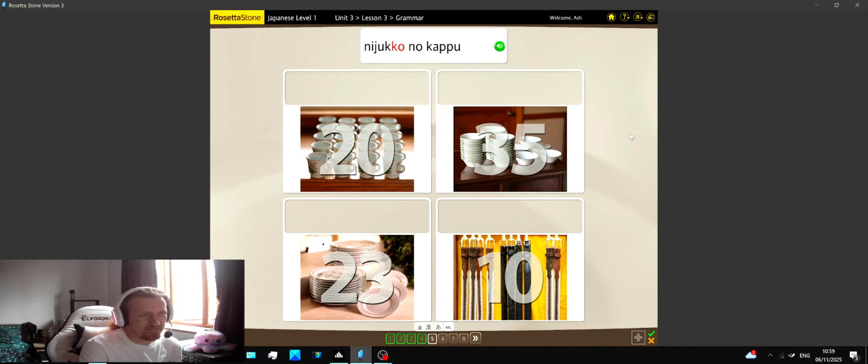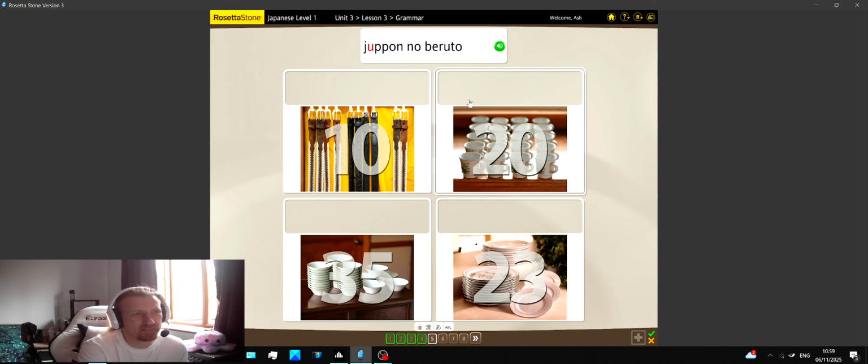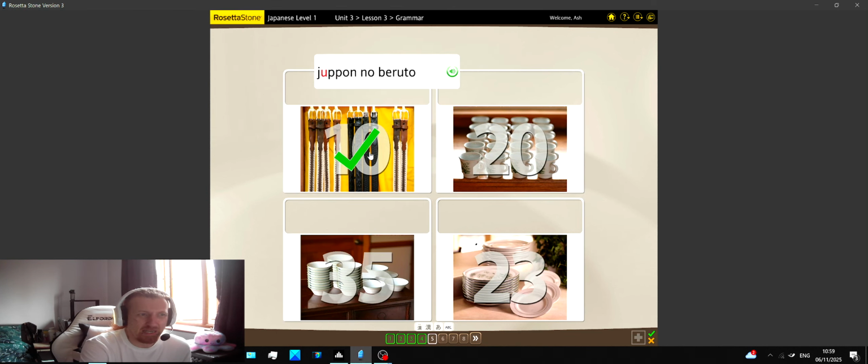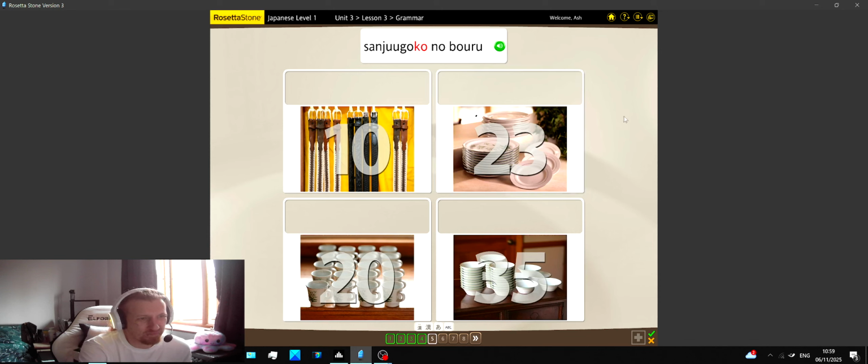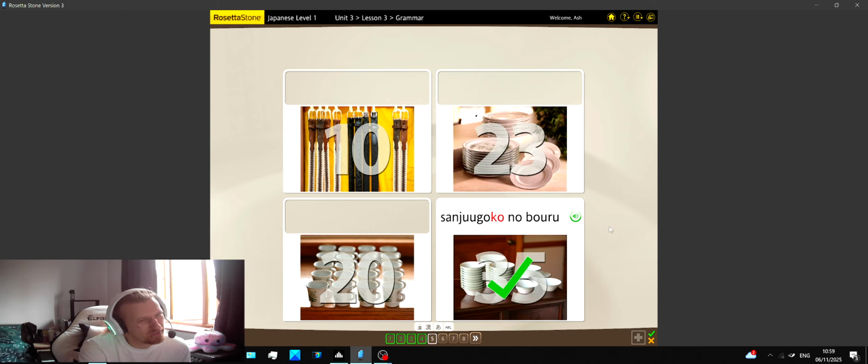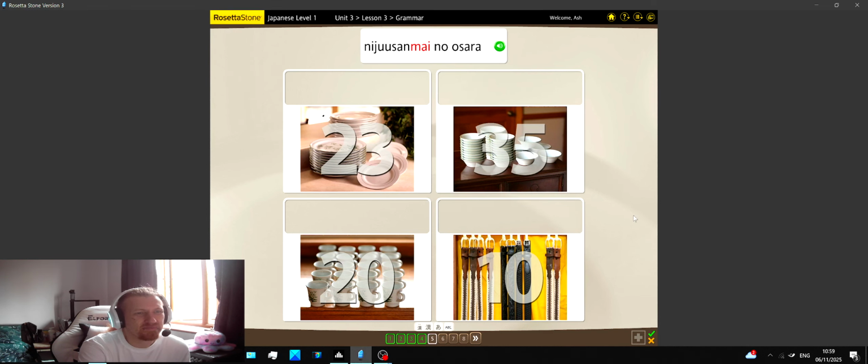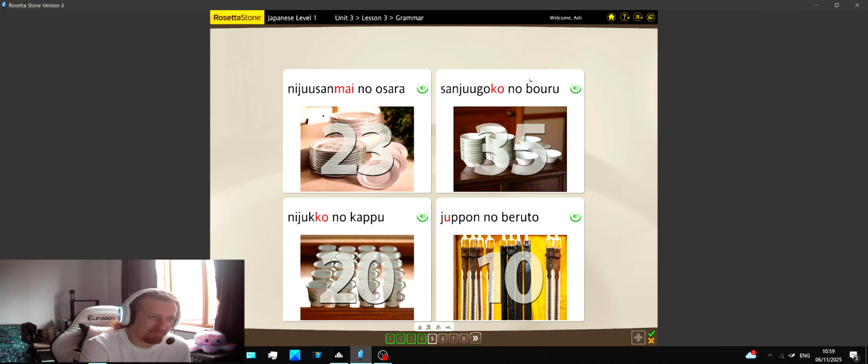Slide 5. 20個のカップ。 Oh, it's got to be 20 cups. 10本のベルト。 That's got to be 10 belts. 35個のボール。 Is that 35 bowls? It's got to be 35 bowls. 23枚のお皿。 Because that would be the plates. Odd skips in number.